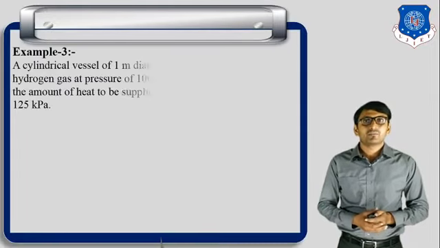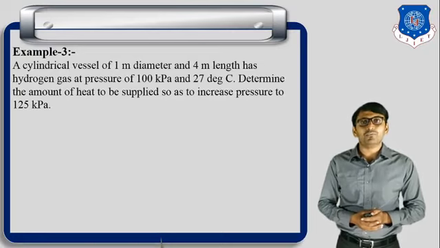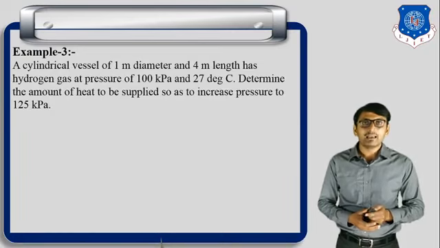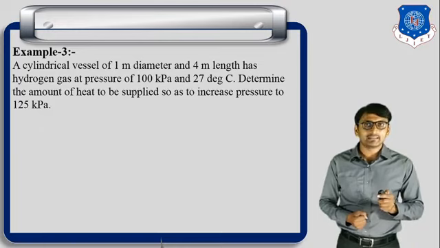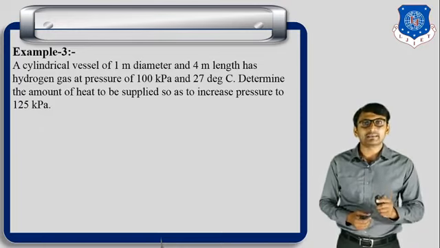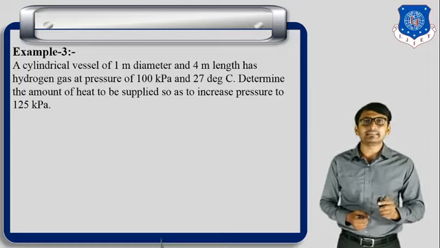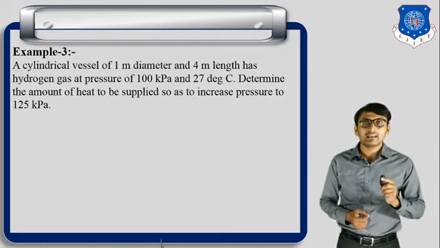Now, third example, a cylindrical vessel of 1 meter diameter and 4 meter length has hydrogen gas at pressure of 100 kilopascal and 27 degrees Celsius.